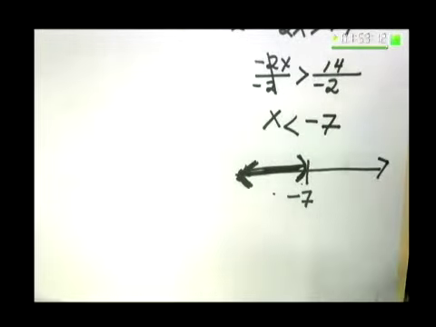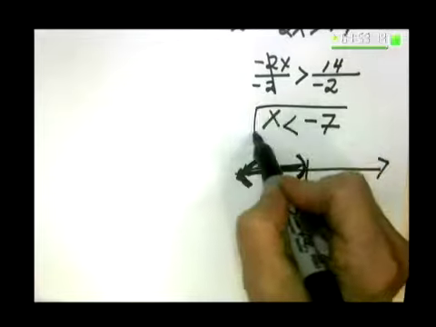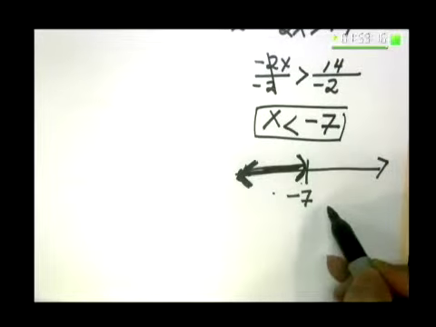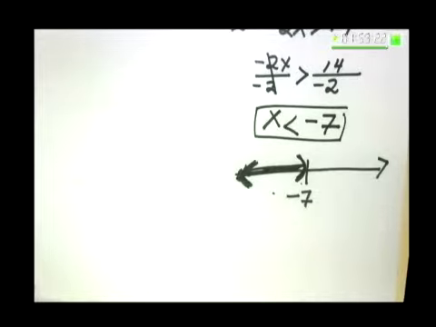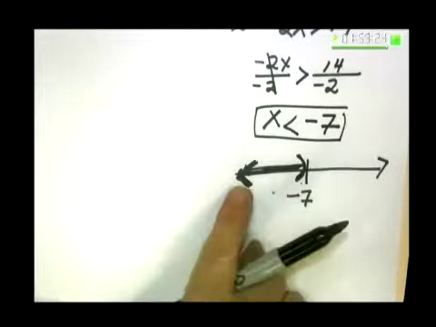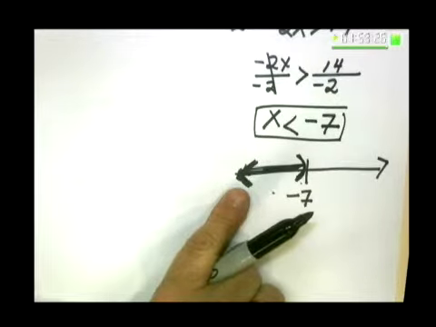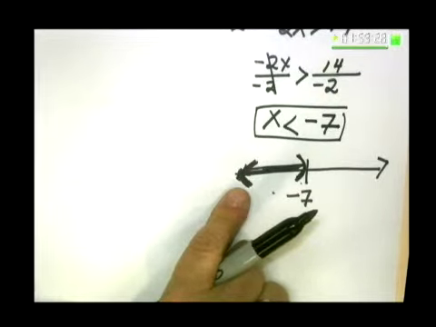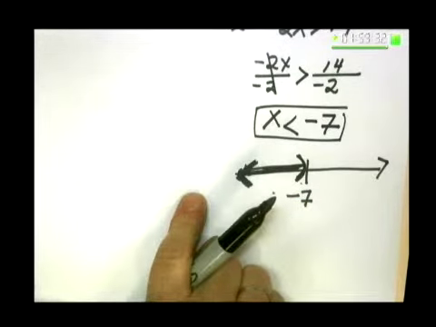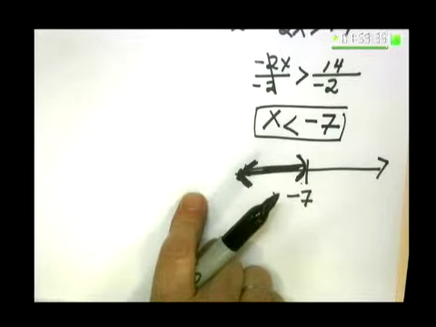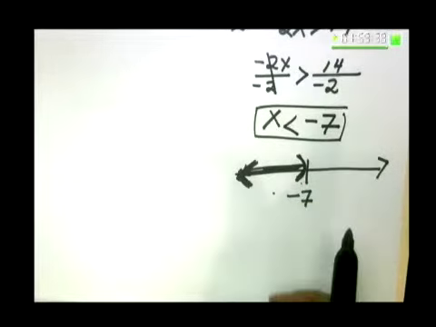And now if I wanted to write that in interval notation, so this is the solution to the problem. This is the graph of the problem. And the interval notation says write all answers out in an interval. Well, my answers go to negative infinity. Negative 3 million is less than negative 7. Okay? Negative 5,842,932,000 is less than negative 7.